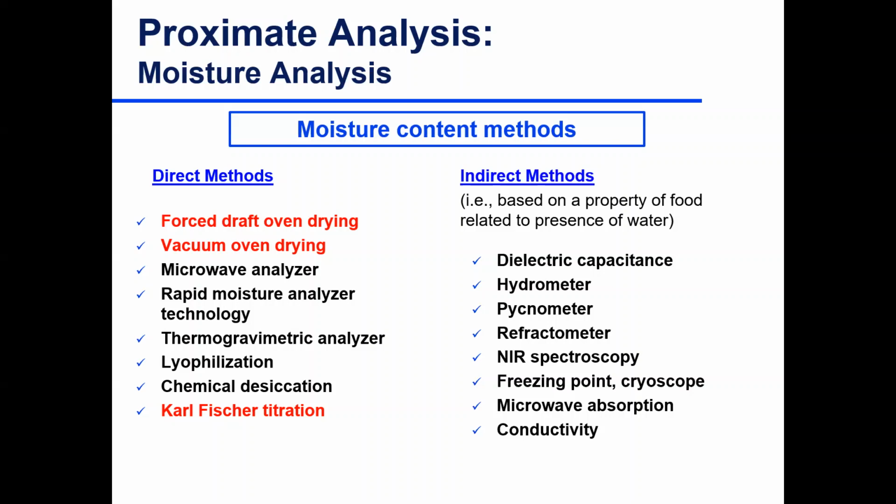Most commonly at home, it's used for testing antifreeze in the car. Pyknometer, refractometer, near infrared, freezing points, microwave absorption. There are again many methods. Some analyze properties that are influenced by water, and some actually measure water. So it can go either of two ways.